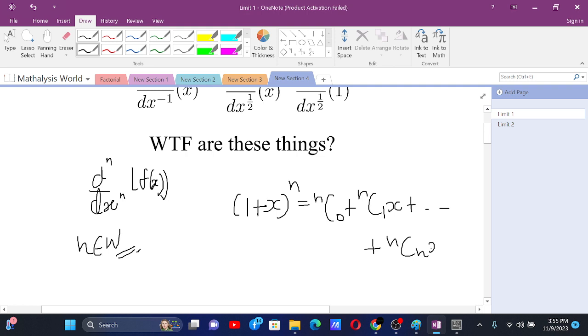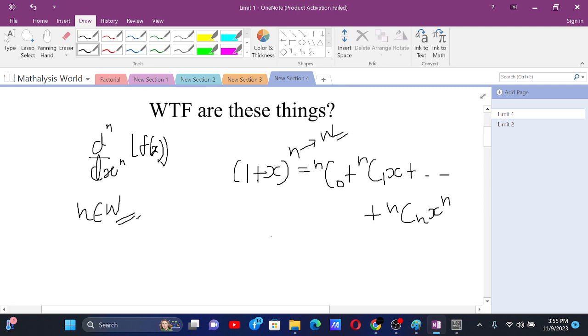It was first applied and proved for whole numbers only, but when they tried to explore if it would work for other numbers, it did work. For example, if we have 1 minus x and n being minus 1, the series actually gives the 1 plus x plus x square series which you all know. So it does work for negative numbers as well.